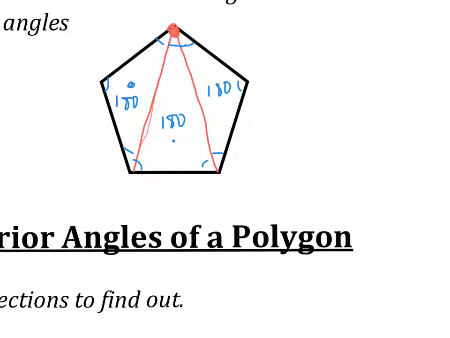Anybody know the name of this polygon? A pentagon. Very good. So what's the sum of all the angles in a pentagon if we've got 180, 180, 180? 540 degrees. So the sum of the angles for a pentagon is 540 degrees: 180 plus 180 plus 180.